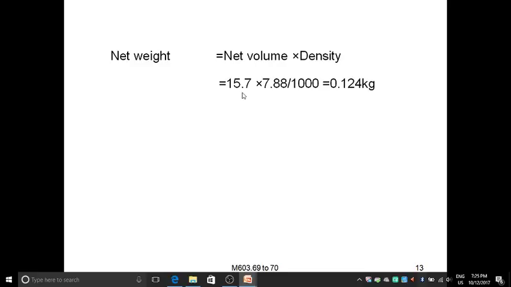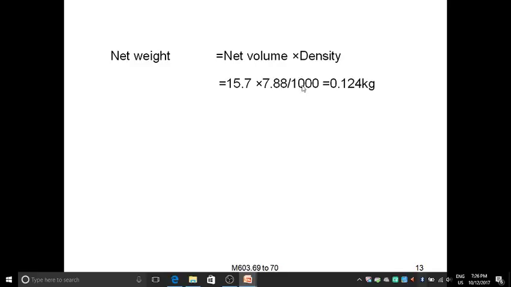You have volume 15.7 and density 7.88 grams per cc, with volume in cubic centimeters. So you get the value in grams. Without the 1000 you will get the net weight in grams.